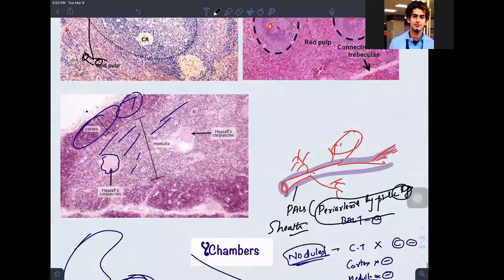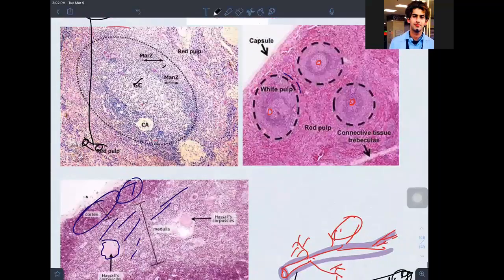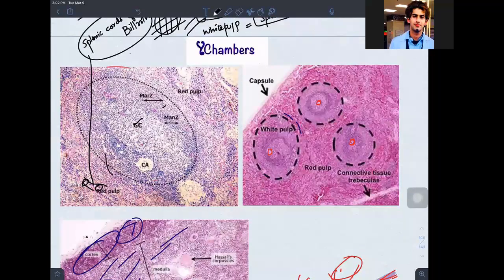If you have some trabeculae, some trabecular artery and vein will also be present. So you have to understand that around the central artery, we have the marginal zone, we have the germinal zone, isn't it? So this is the marginal zone, this is the central germinal zone. Okay, and these are the red pulp.